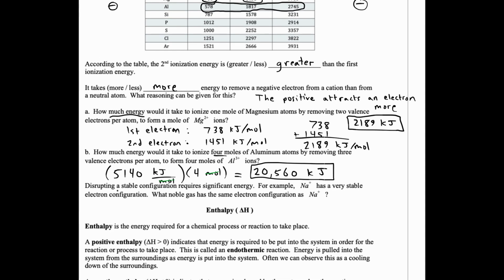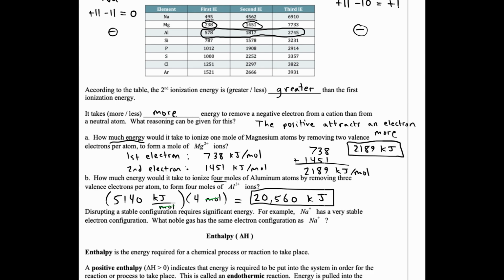Next question says, disrupting a stable configuration requires significant energy. We see that here with sodium. It only requires 495 kilojoules per mole to get rid of the first electron, but it takes 4,562 kilojoules per mole to get rid of the second one.